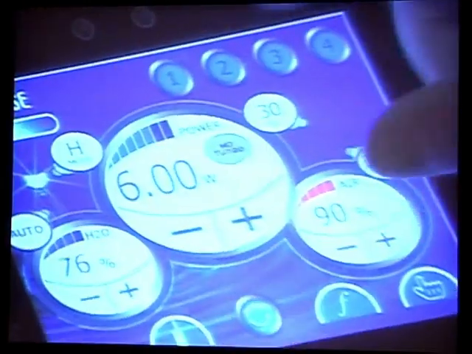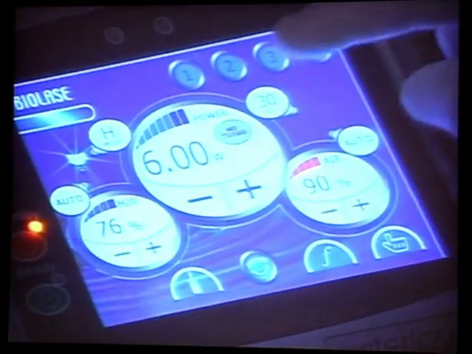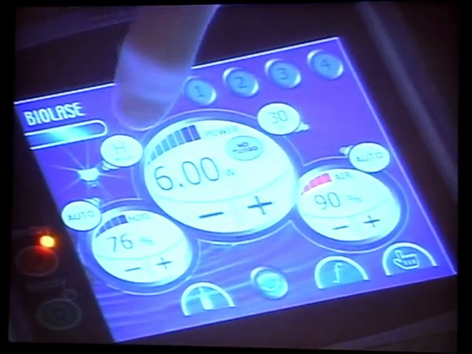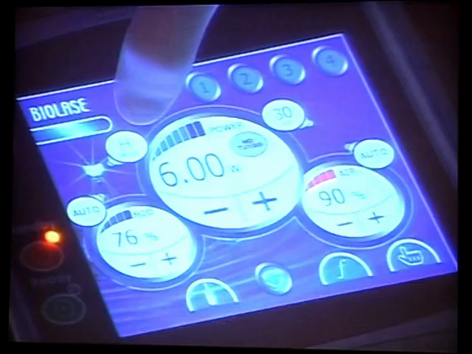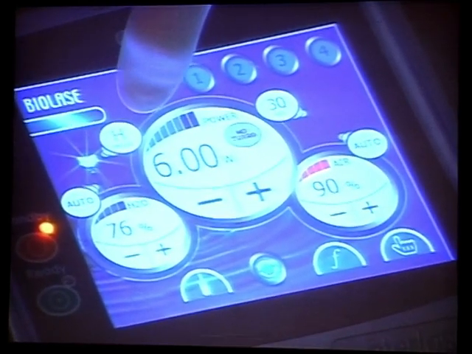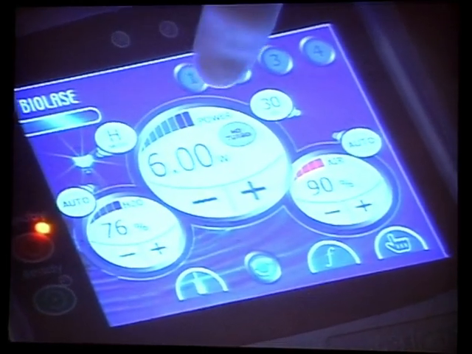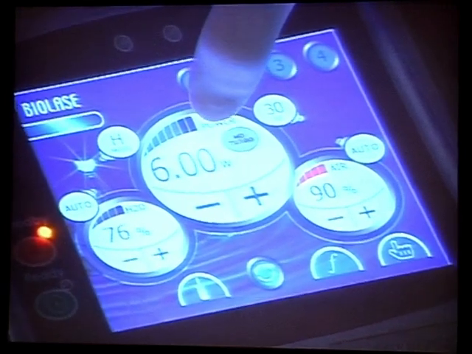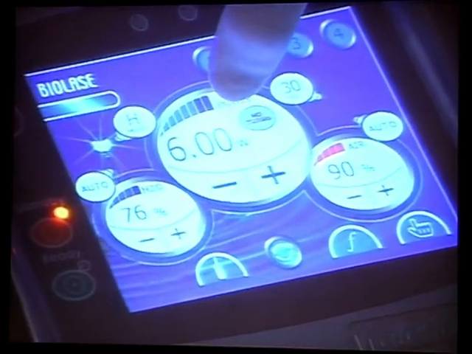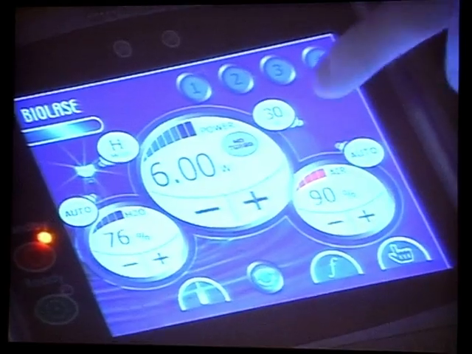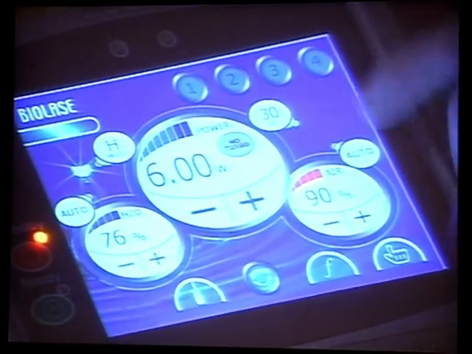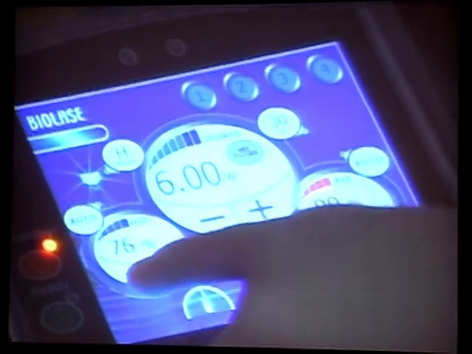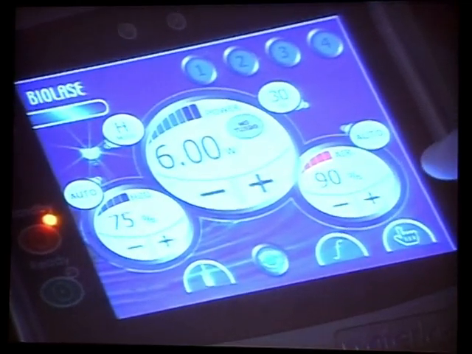No, okay. Normally we use a short pulse. So this means H mode for hard tissue. This is a pulse of 140 microseconds. We use 6 watts of power, and normally for normal cavity preparation, 30 Hertz frequency I use, 75% of water and 90% of air.